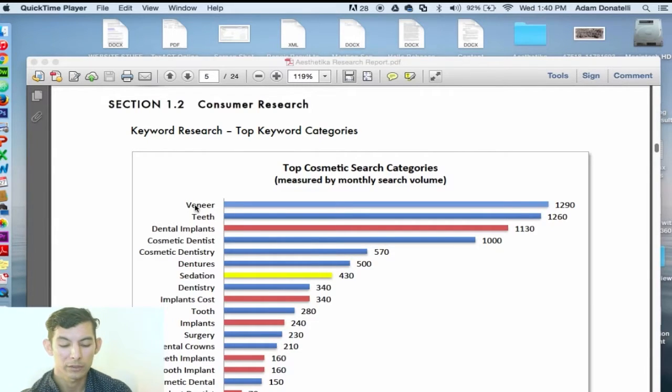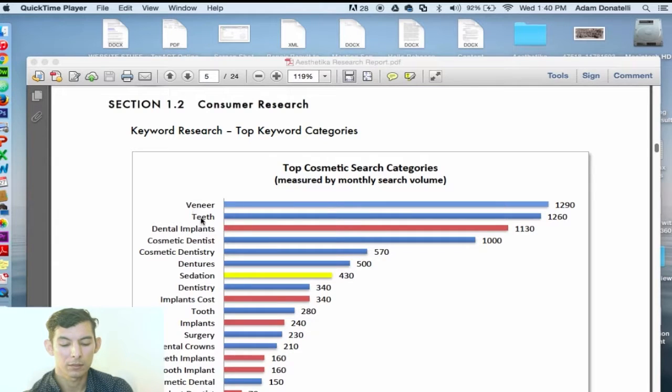This is a category. There are several keywords that fit into that category. Keywords such as what is the cost of veneer, or what is a veneer, or veneer pros and cons. All of these different combinations can fit under this category here of veneer.